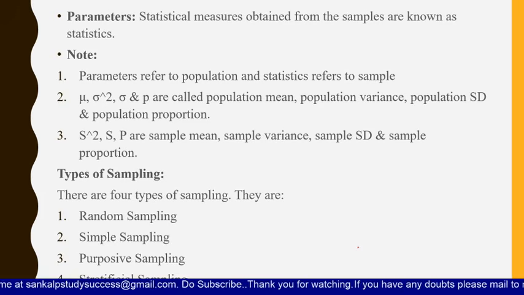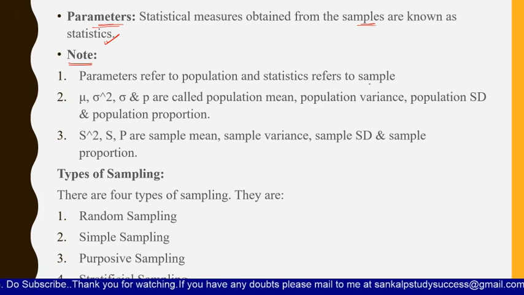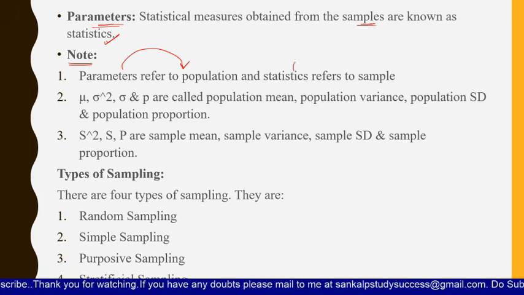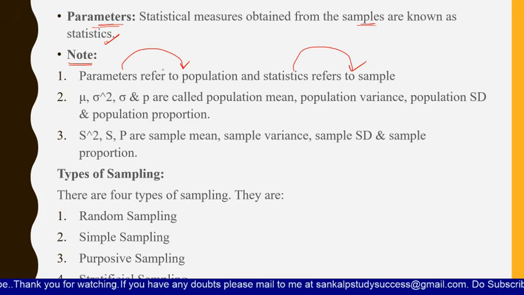So here we have some parameters. A parameter is a statistical measure obtained from the population, and a statistic is obtained from the sample. Note that parameters refer to the population and statistics refer to the sample.